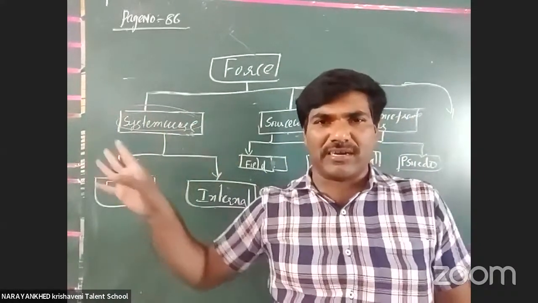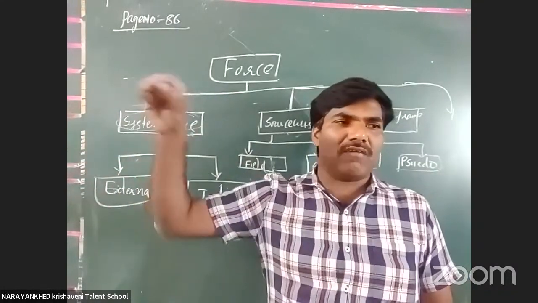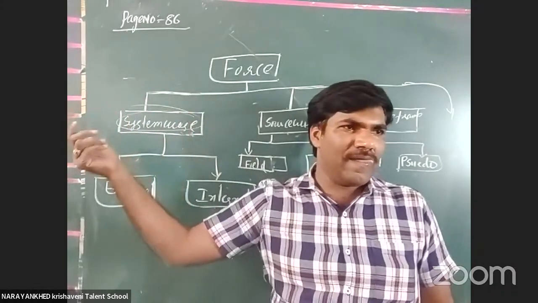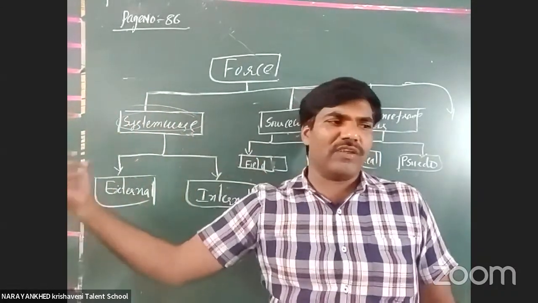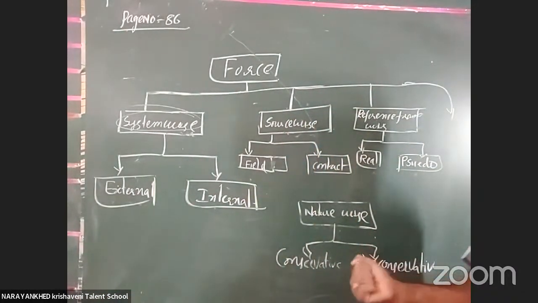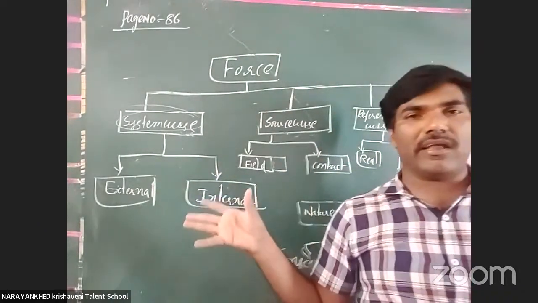Energy is not created by us, energy is not destroyed by us. The total energy of the universe remains constant. That is called the conservation of energy law. Here, conservative means constant. Clear or not?